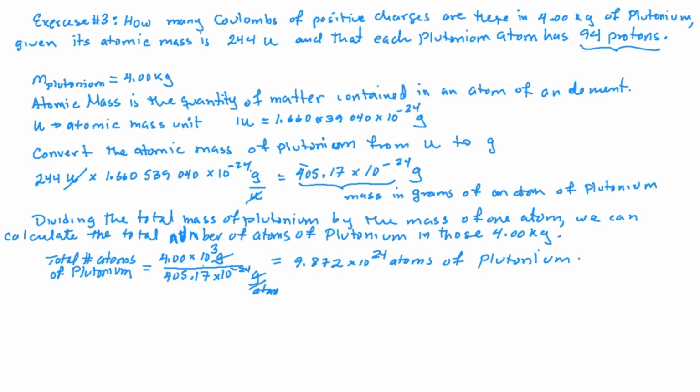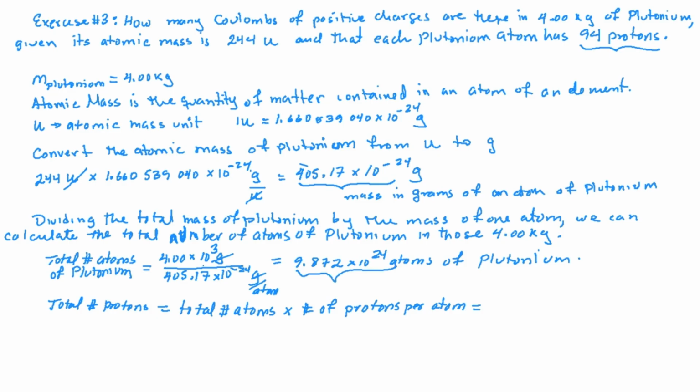So the total number of protons is equal to the total number of atoms times the number of protons per atom. What is the total number of atoms? We found that value over here: 9.872 times 10 to the 24 atoms.